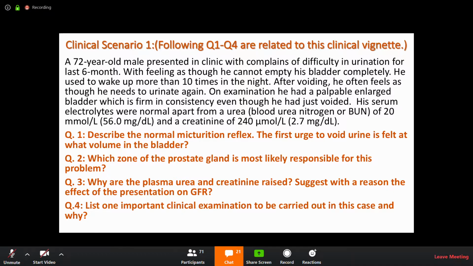So if we take this again, the hydrostatic pressure in the capillary is pushing out. The hydrostatic pressure in the Bowman space is pushing back into the capillary, and the plasma oncotic pressure is preventing the movement of fluid from the capillary into the Bowman space. And what you are increasing in this particular clinical situation is the Bowman space hydrostatic pressure.